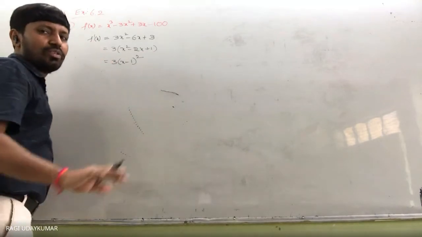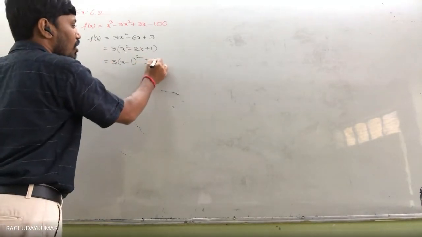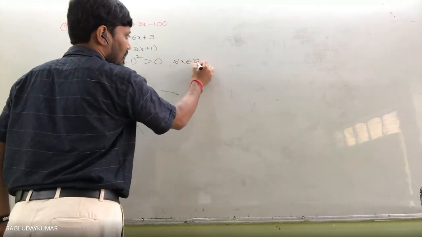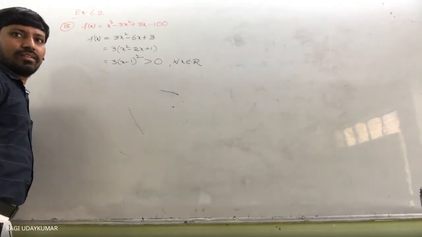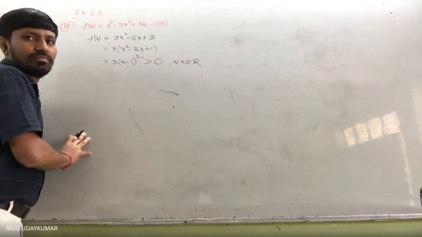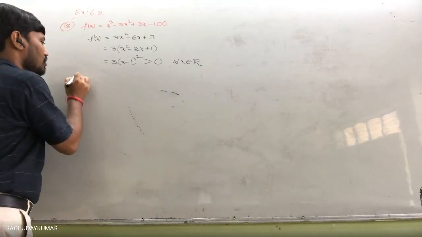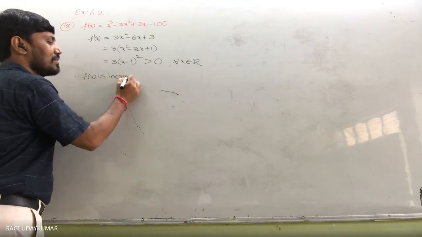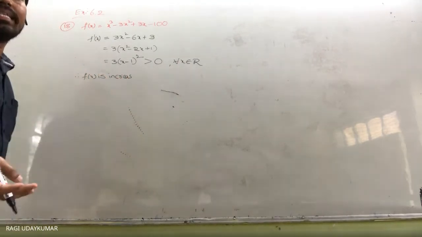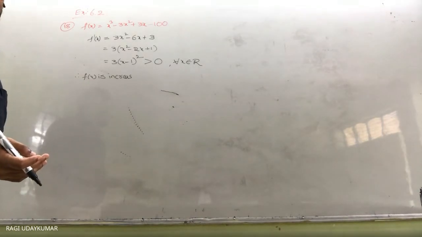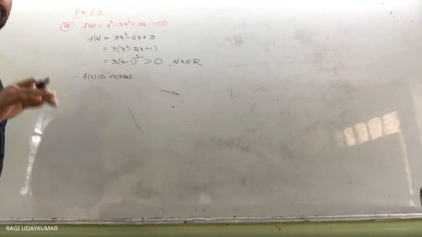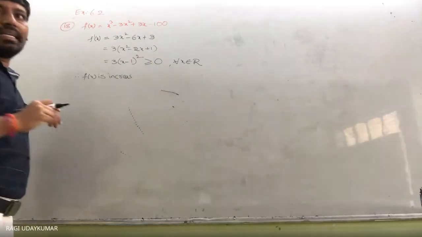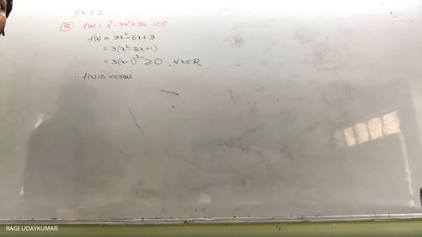X value whatever you take, it is a whole square, so it is always greater than 0 for all x belonging to the reals. Therefore, f of x is an increasing function. It can be greater than 0, it can also be equal to 0.